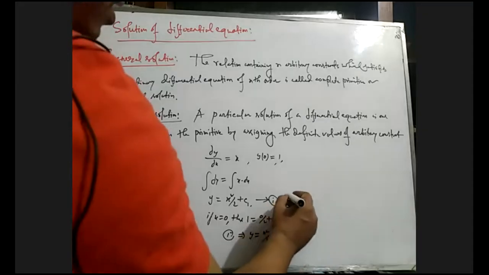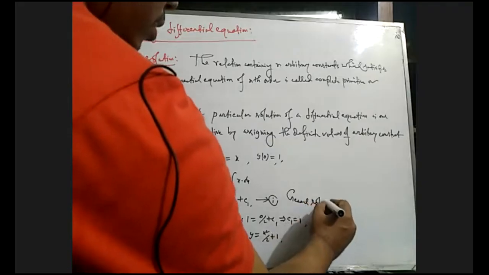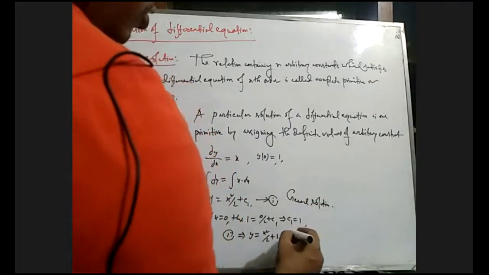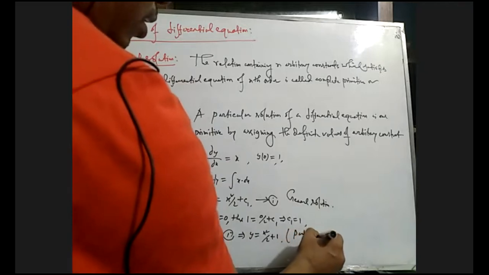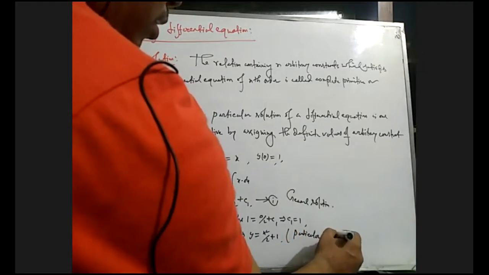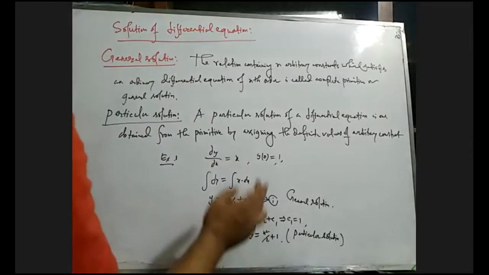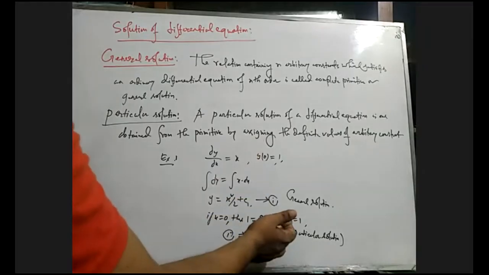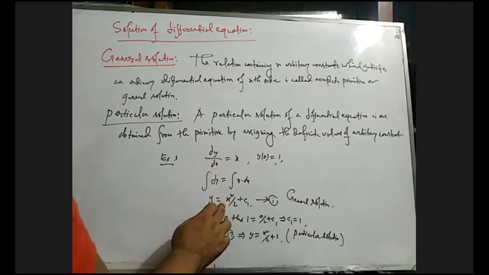That means, what is this? General solution. But this will be what? Particular. This is the particular solution because after assigning the values, we have assigned the value of the constant in the solution.